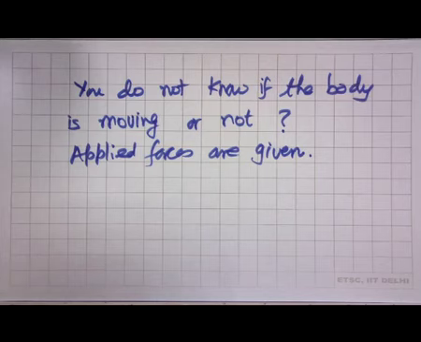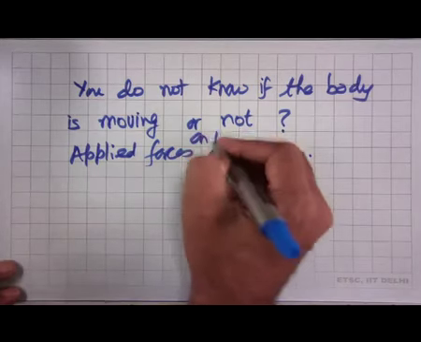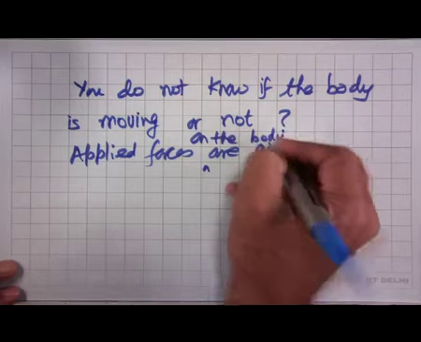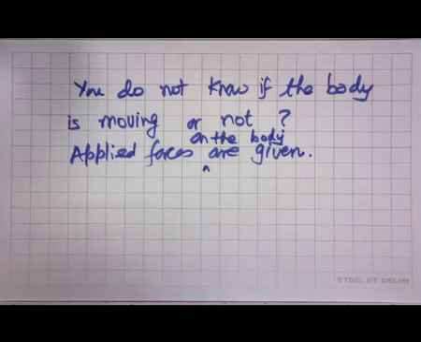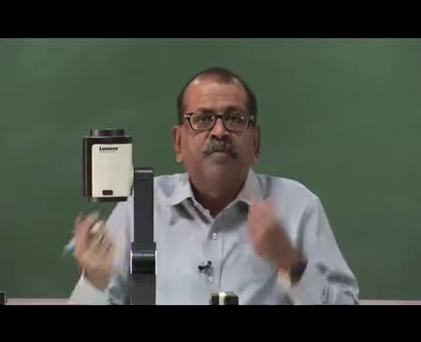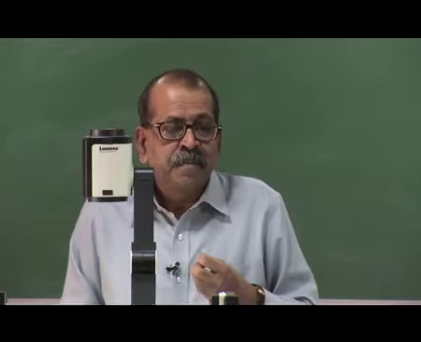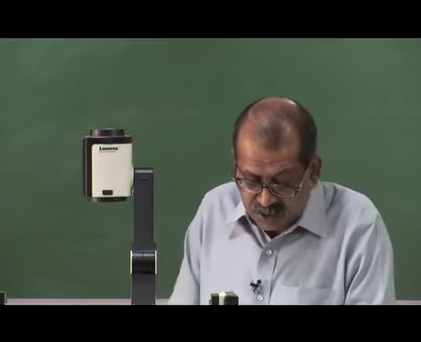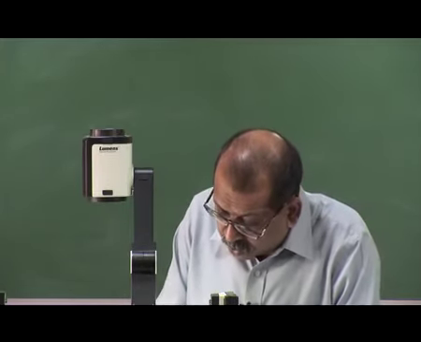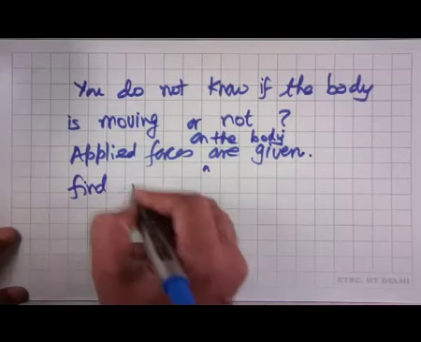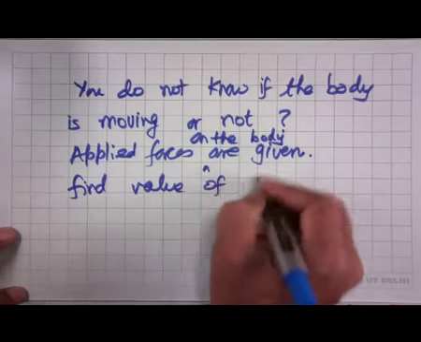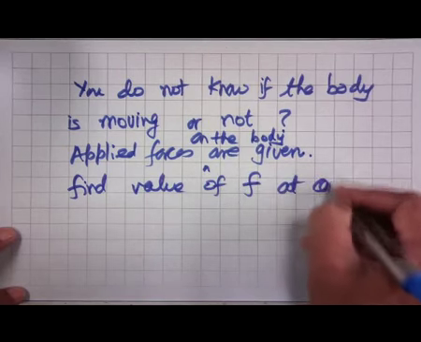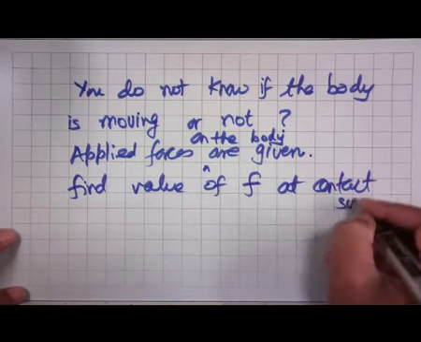All the forces which are applied forces, maybe I will specify, on the body or on the particle are given to you, and you do not know what type of motion takes place, whether the body moves or not, or if it moves then with what acceleration. And in these problems, particularly if friction is involved, then if here you have to find the value of friction at the contact surface.